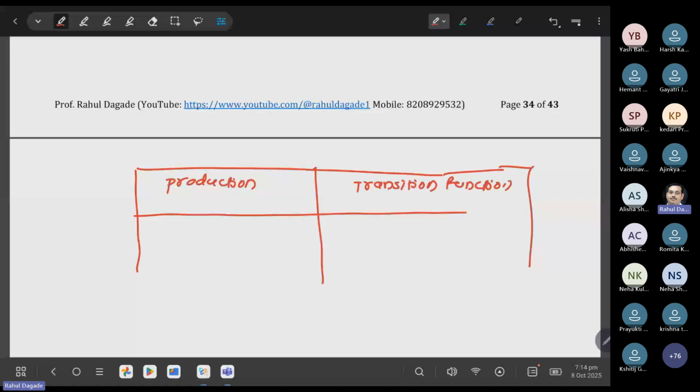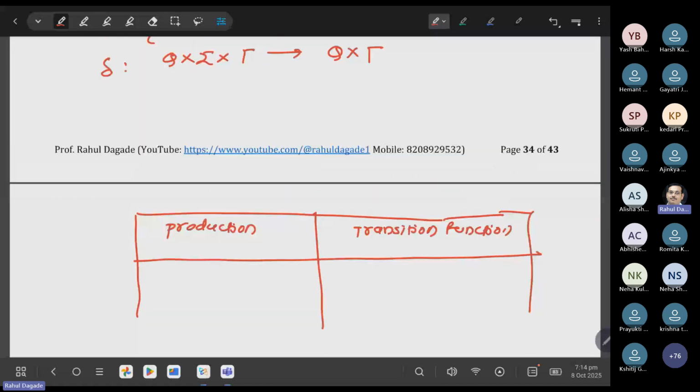So which are the productions we have? We have these productions. S gives S plus S. For that, which transition function did we add?